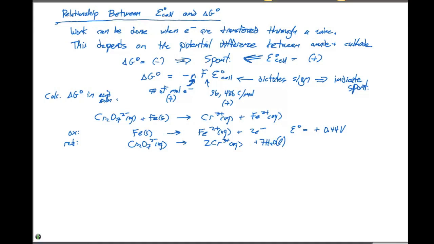And if we have 7 waters, we need to have 14 H plus over here as a reactant. Now we need to look at all the charges. On the left-hand side, we have a plus 12 charge. On the right-hand side, a plus 6. So that means we need 6 electrons over here as a reactant. The standard cell potential for this reaction is positive 1.33 volts.